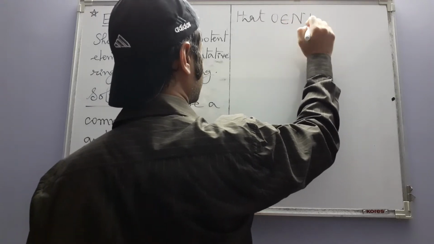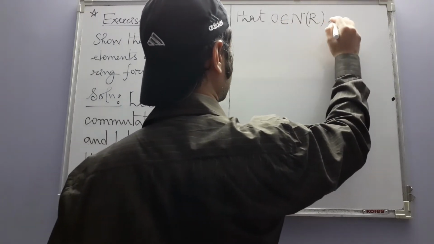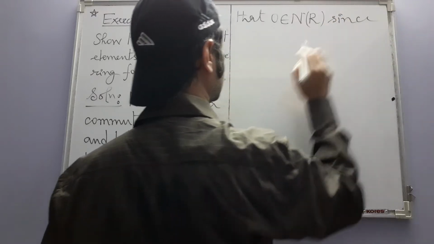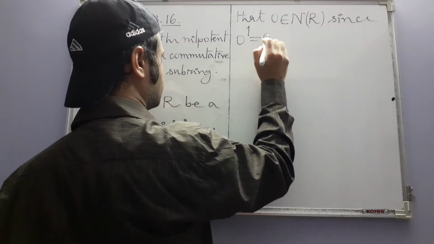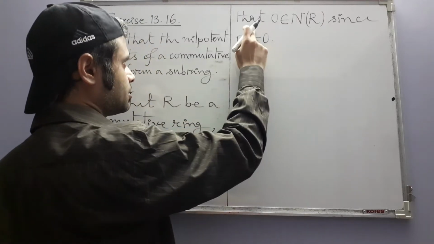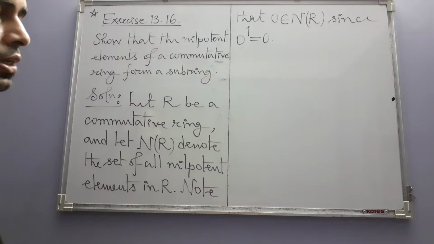Zero is a nilpotent element since the first power of 0 is equal to 0. So that's just it, because this exponent 1 is a positive integer.